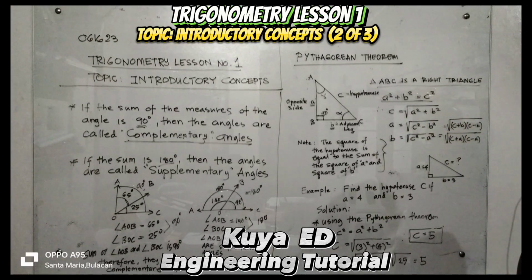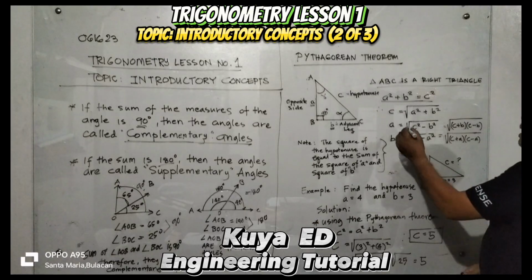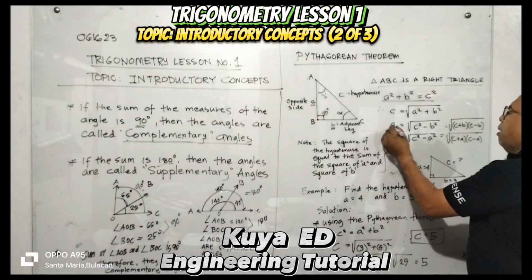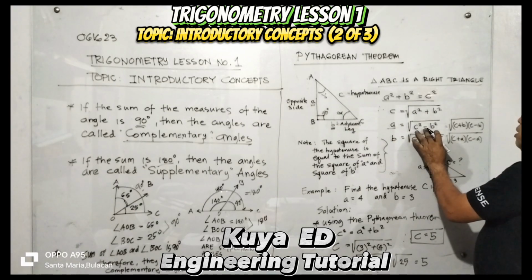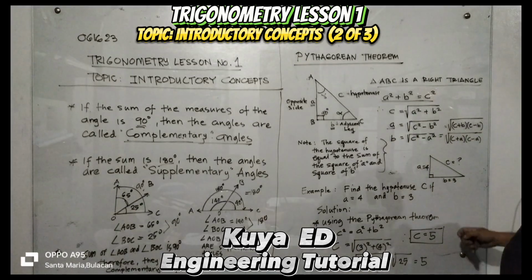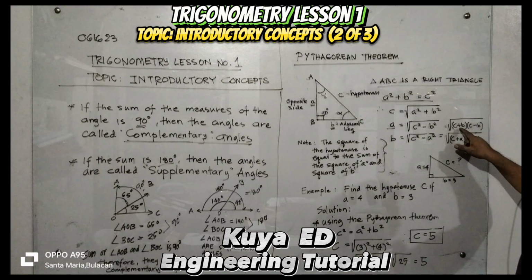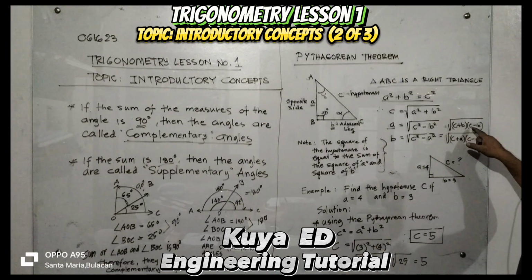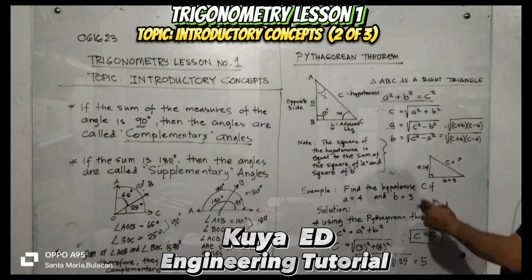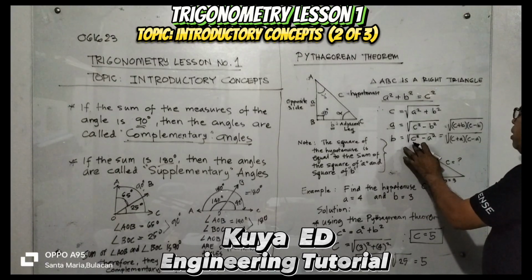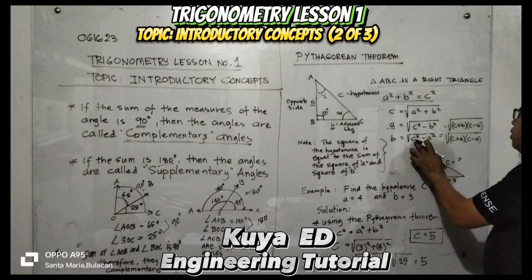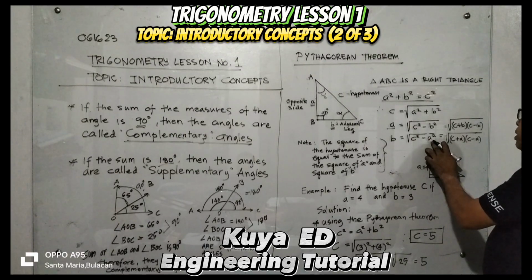And from that also, kung ang unknown daw ay A, gamitin daw natin itong formula na to: A equals the square root of C squared minus B squared, or equal to square root of C plus B times C minus B. Okay? Then, B is equal to the square root of C squared minus A squared.